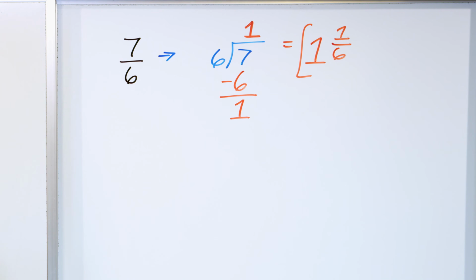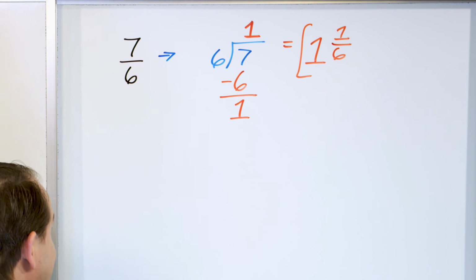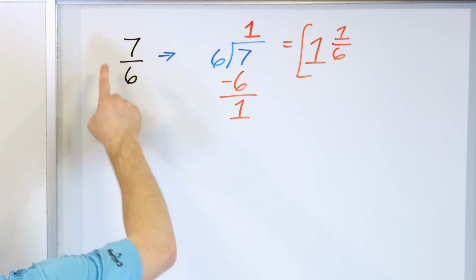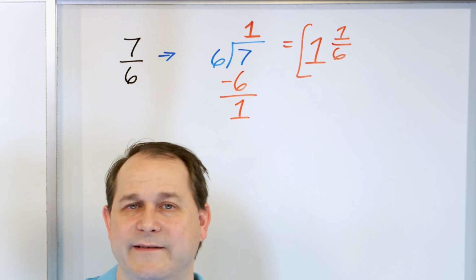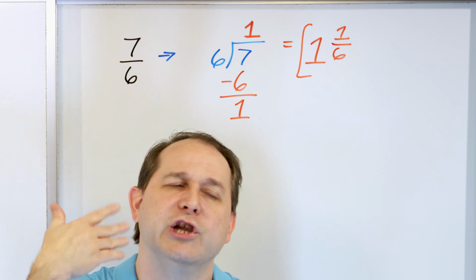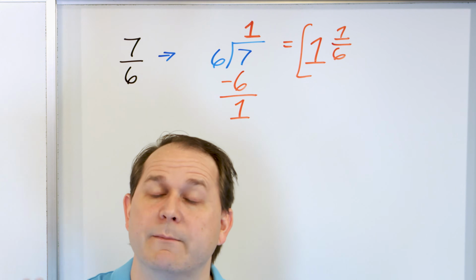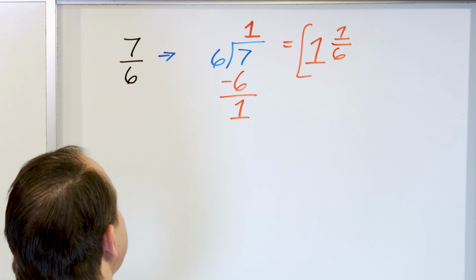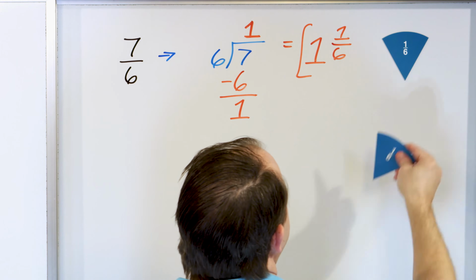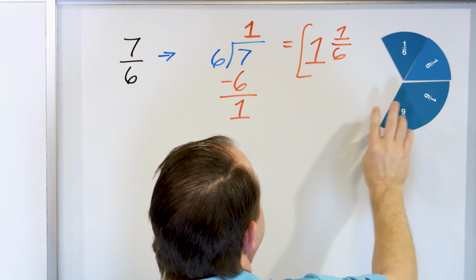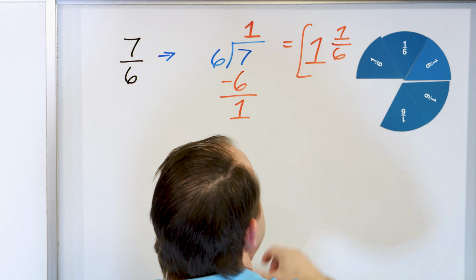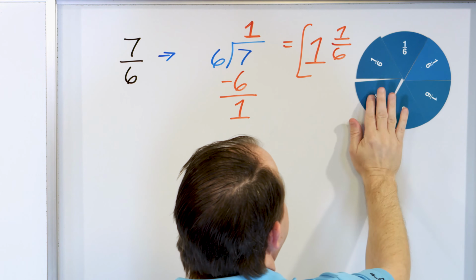Now let's see if we can convince ourselves that this is actually correct. How many sixths do we actually have? We have 7/6. Now think about it for a minute. 6/6, or 6 out of 6, would just be 1 whole. We have a little more than that, so we expect it to be a little bit more than 1. Here's 1/6, 2/6, 3/6, 4/6, 5/6, and here is 6/6.